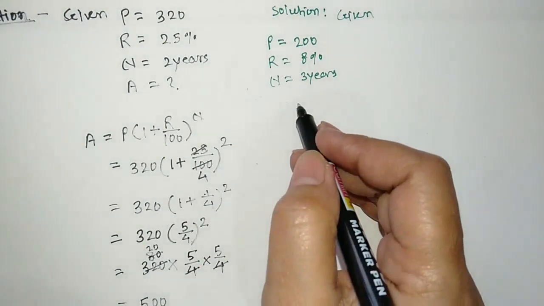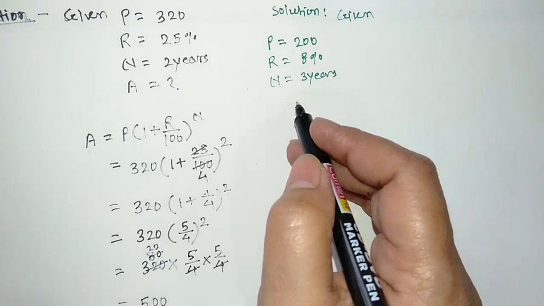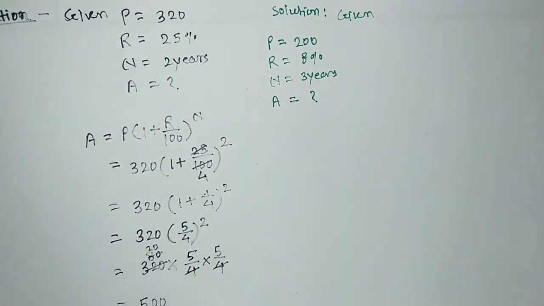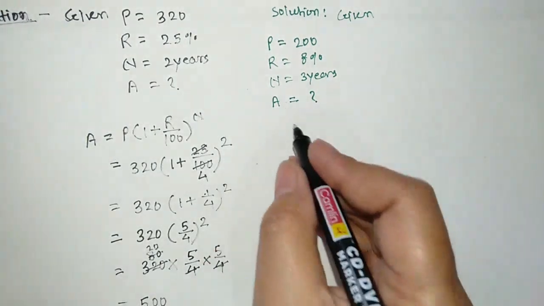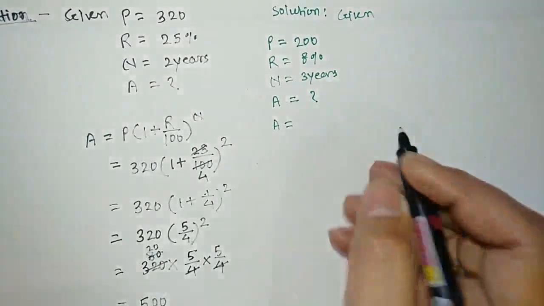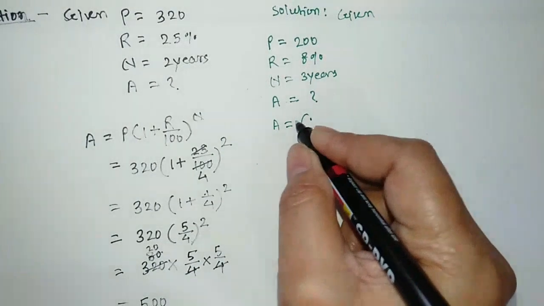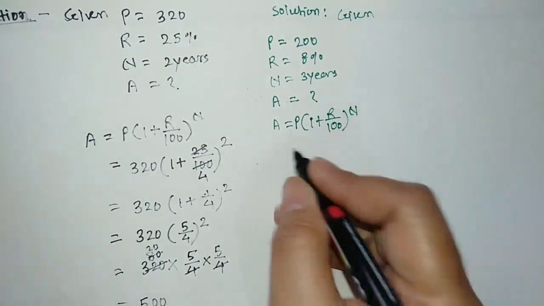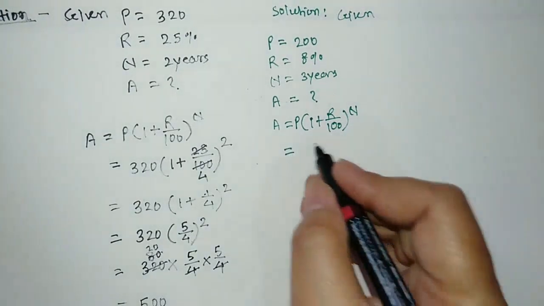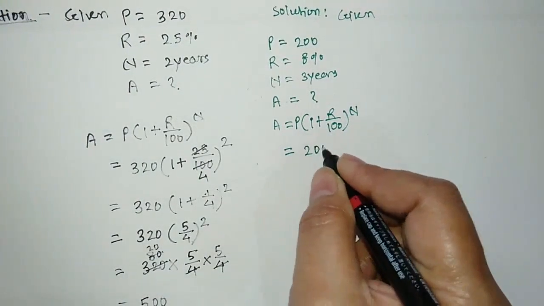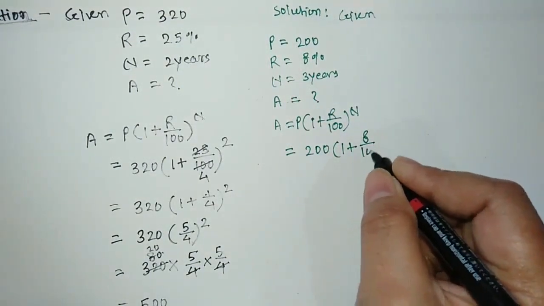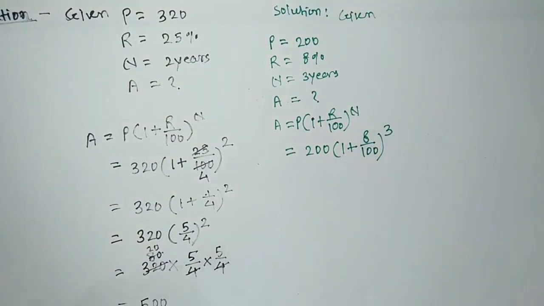So here the number of sheep after 3 years is asked. A is equal to question mark. Means here we have to find out the A. So write down the formula for A. A is equal to P into 1 plus R upon 100 raised to N. Put the values. P equal to 200. 1 plus R means 8 upon 100 raised to 3.